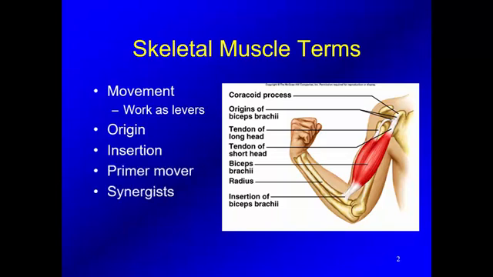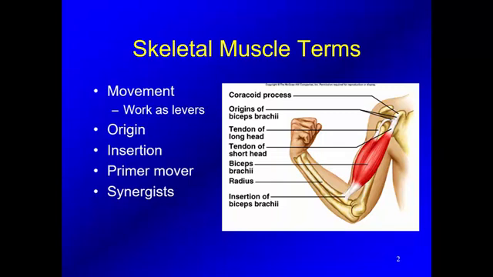The prime mover of any movement is the main muscle that's involved. So the main muscle that's used to flex your arm is the biceps brachii. All the other muscles that may contract to assist the biceps brachii are referred to as the synergistic muscles. The brachialis is a synergistic muscle in arm flexion. So it's involved in flexion, but the big one really is the biceps brachii.